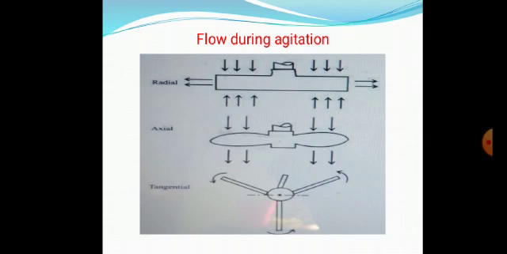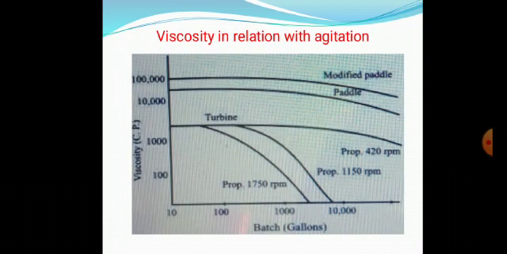So arrow marks in this diagram show you how the media is moving during the fermentation process. These are the three types of media flow: radial, axial, and tangential. And this graph shows you the relation of viscosity with agitation. You can see on one axis viscosity is given with 100,000, 10,000, 100,000.